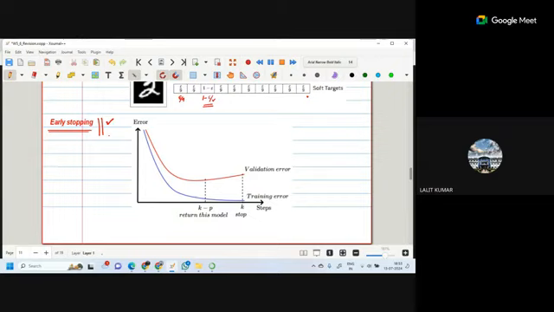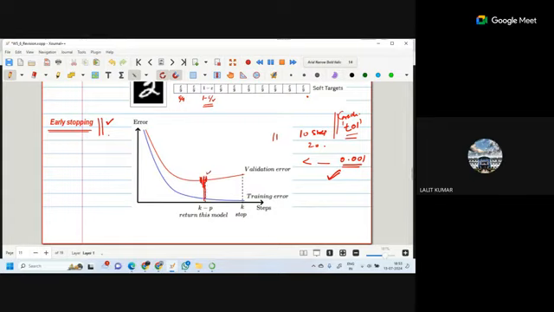If, for example, for 10 or 20 iterations, or in a window, my loss does not change by 0.001, then I will stop. We have seen this in gradient descent also, where we use a parameter called delta. In the same way, whenever my validation error is not changing or has started increasing, I stop.